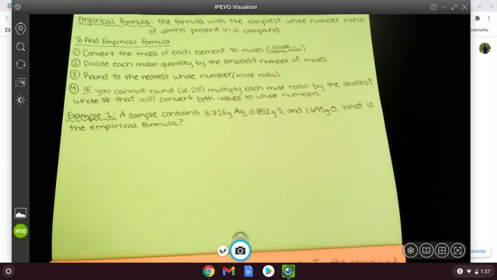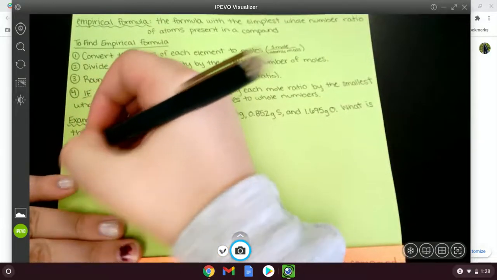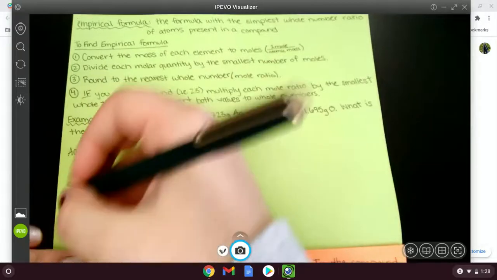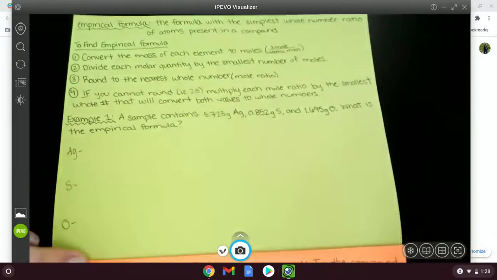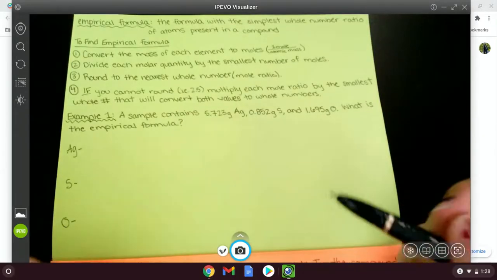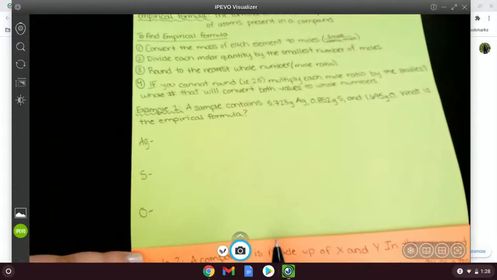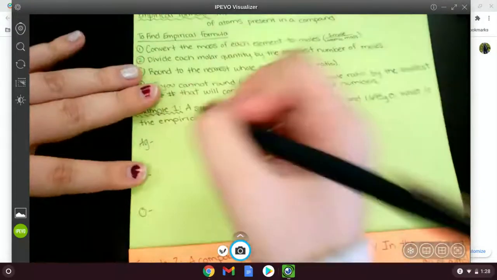What's the empirical formula? So the first thing I'm going to do is list out my elements. Now I'm going to write down the mass given. So this is kind of like our given and find.